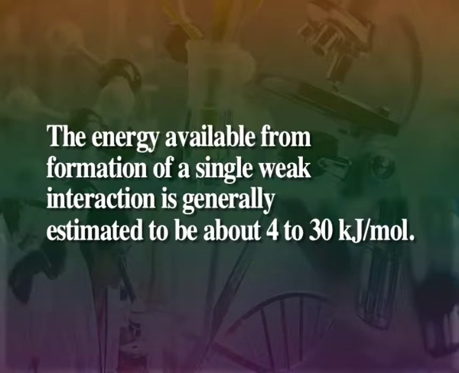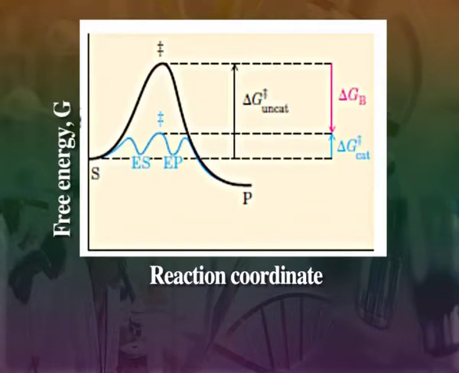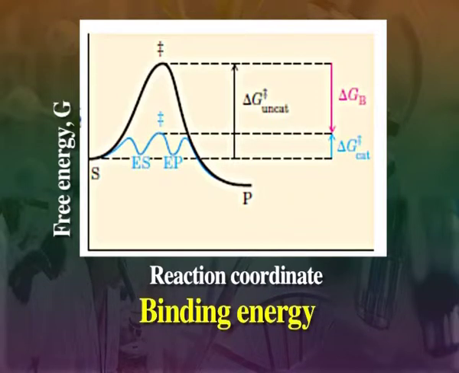The energy available from formation of a single weak interaction is generally estimated to be about 4 to 30 kilojoules per molecule. This particular figure shows you that the enzyme has to climb a hill which is called the activation energy, and this energy required by an enzyme to climb the hill is reduced substantially by the binding energy.